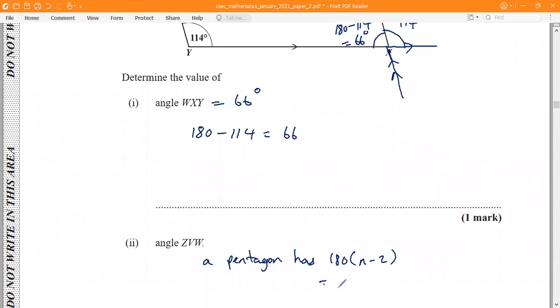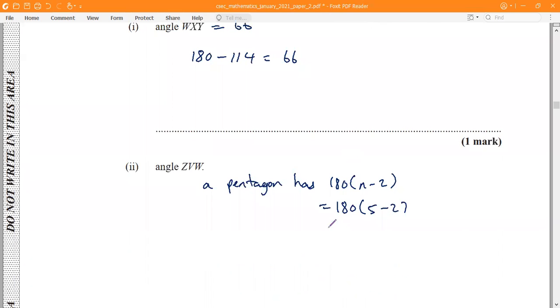So this is 180 times 5 minus 2, since n is the number of sides. We have 180 multiplied by 3, which is 540 degrees. So a pentagon has 540 degrees on the inside.